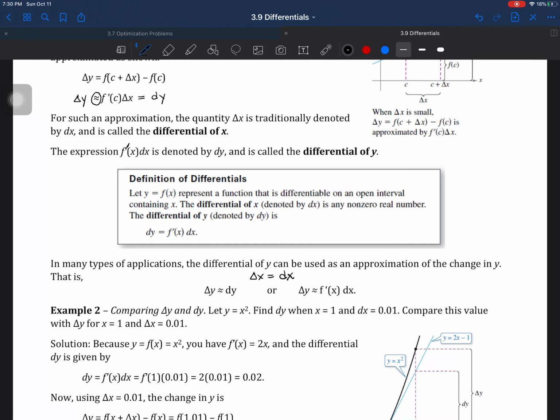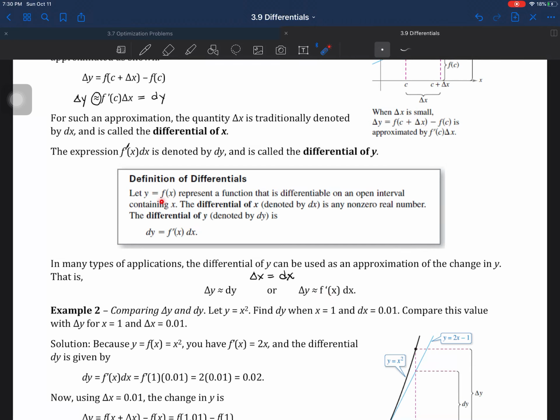But in terms of y, it's not going to be the same. The delta y will be approximated by the differential of y. These are the same because they tend to be small, but these are approximated. So in general, delta y will be approximated by f prime of x times the differential of x.